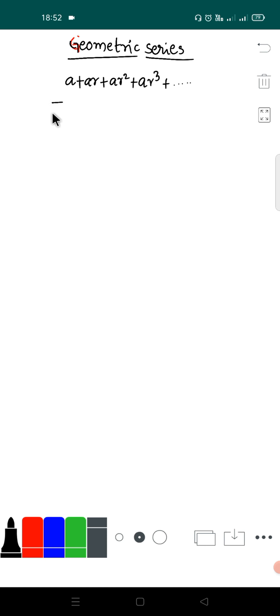So in a compact form, we represent it like this: the sum of a into r to the power of n, where n goes from 0 to infinity. Here a is called the initial term, and r is called the common ratio.